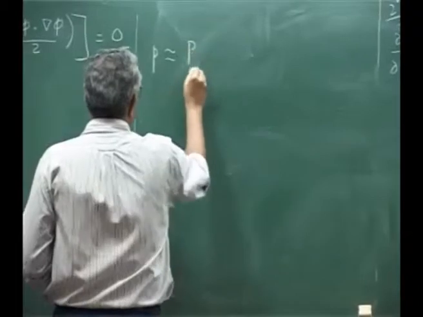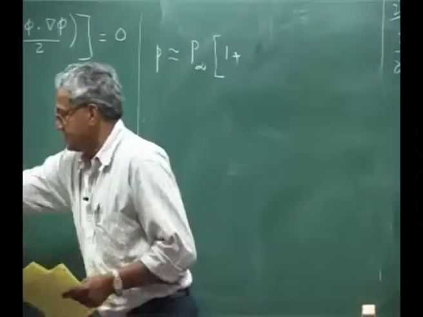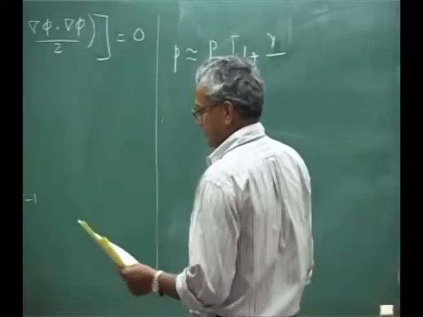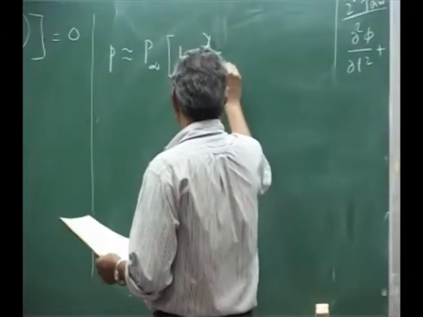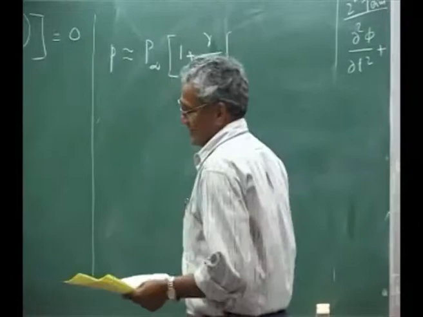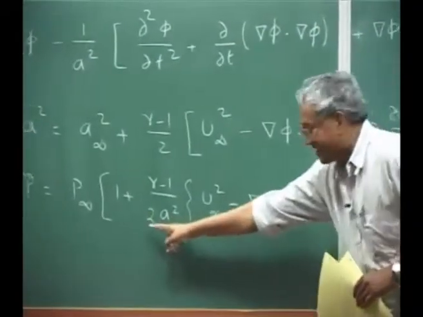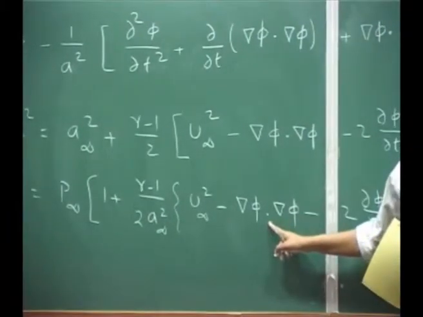is P infinity times 1 plus, because if I take this, this will become gamma over, you can take it actually after simplifying, you will get a infinity square, because u infinity will go off square, and the factor 2 will cancel with the factor 2 and another factor 2 here, like what we did earlier.